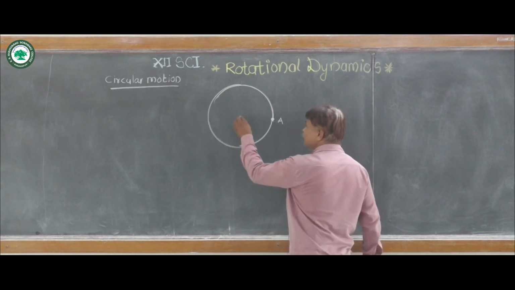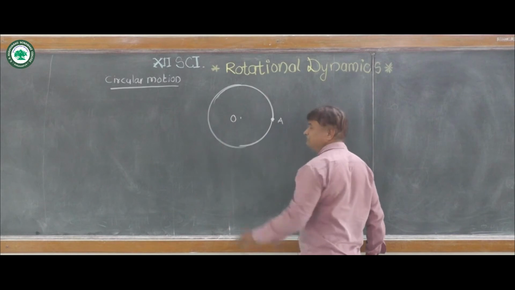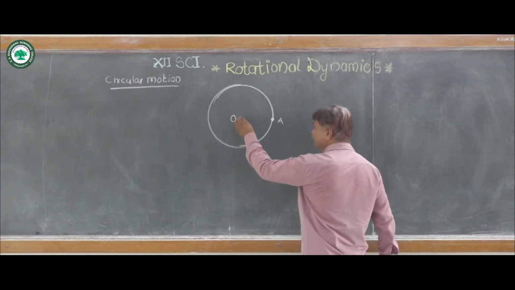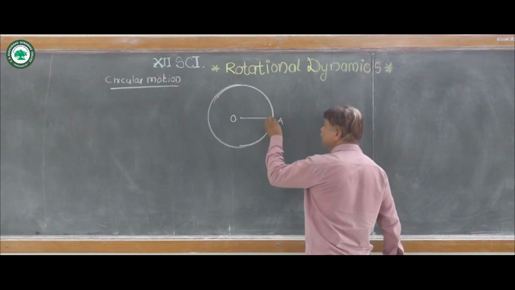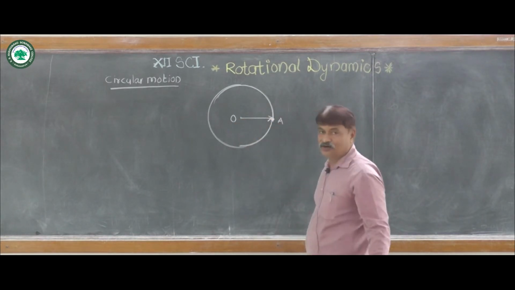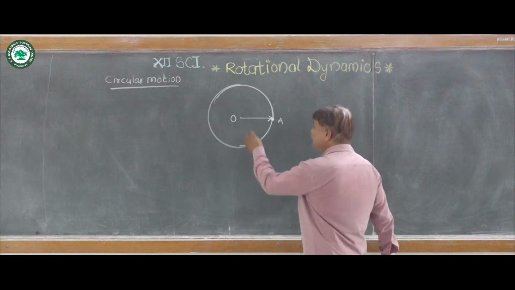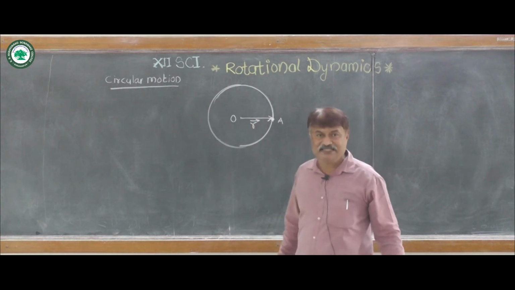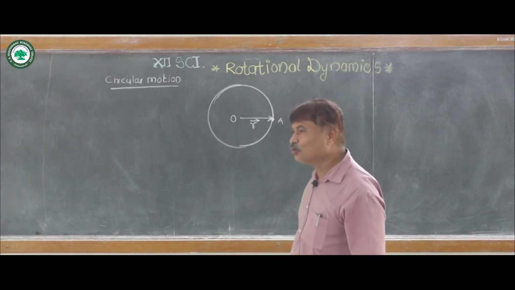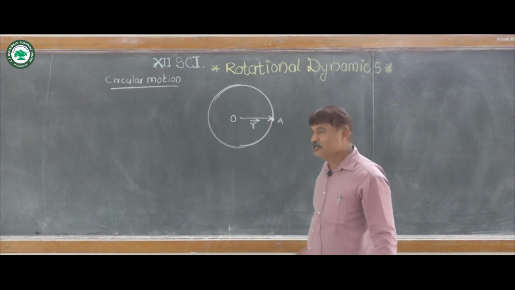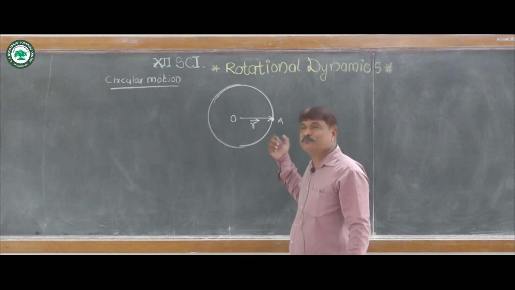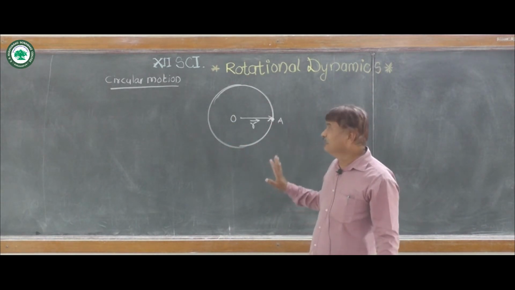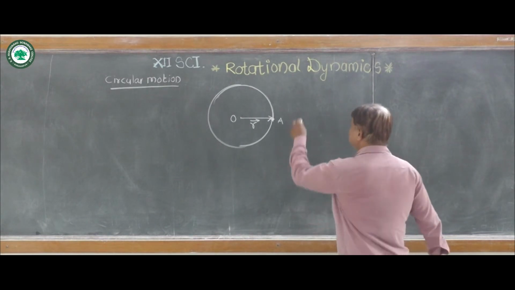If we consider O as the center of the circle, and we draw the vector from the center of the circle to the position of the particle on the circumference, that vector is called a radius vector. It is also called a position vector because it gives us the position of the particle on the circumference of a circle.